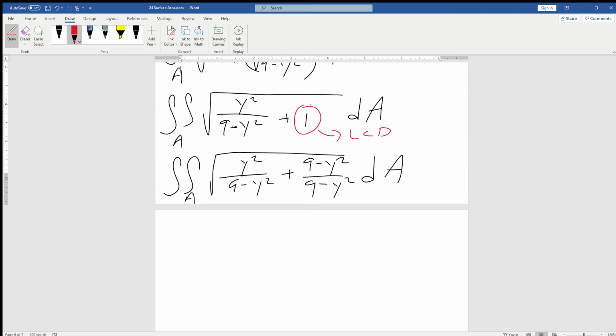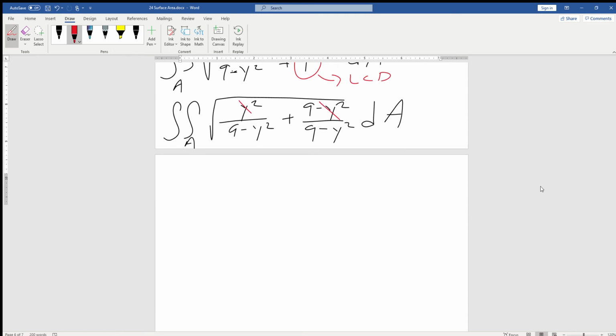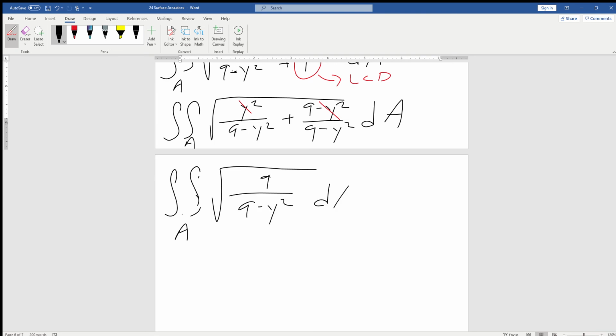And fortunately, we notice that we have a y squared and a negative y squared, so those are going to cancel. So 2 ways that we could write the double integral at this point. We could write it as a singular radical, so the double integral of A, square root of 9 over 9 minus y squared dA.